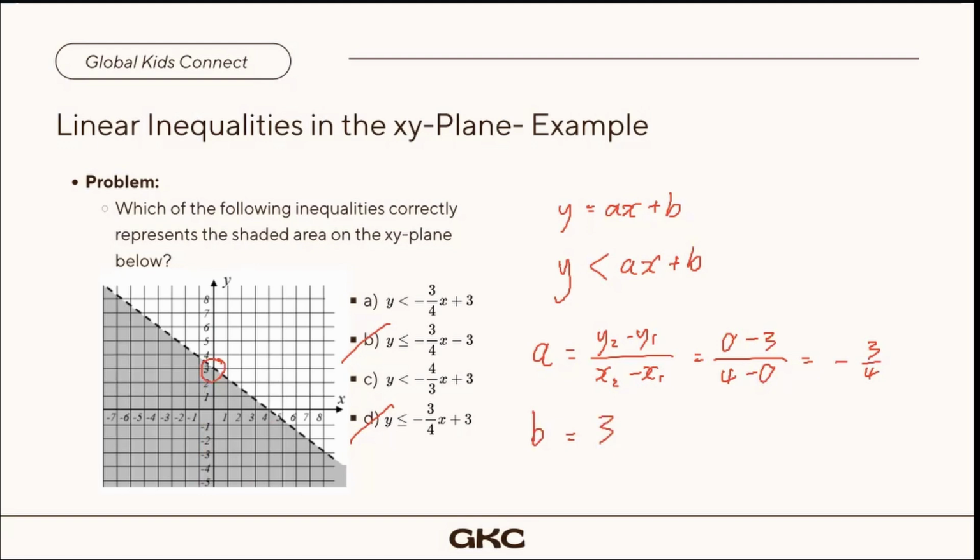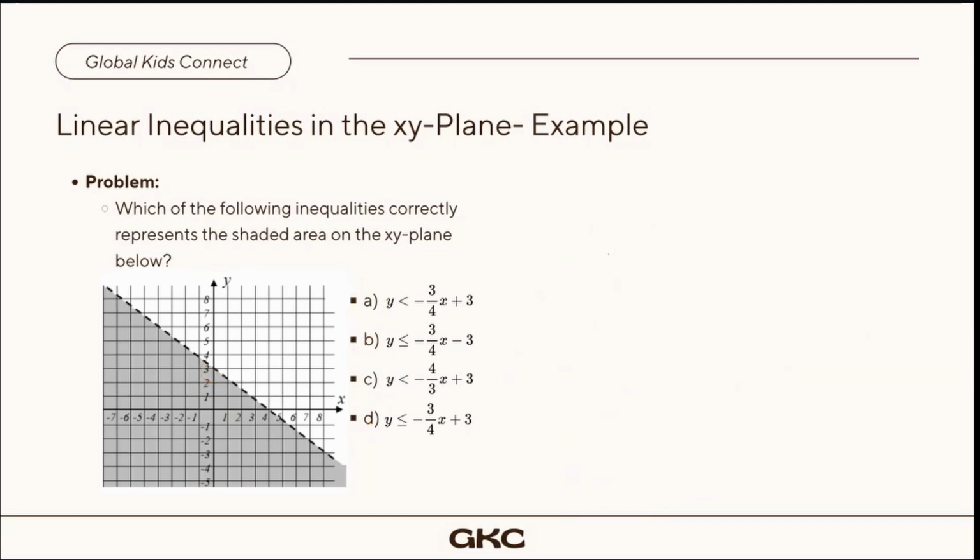So we can rewrite our inequality as y is less than our slope of -3 over 4x plus b, which is the y-intercept of 3. And therefore, we take a look at our answer choices, and we will see that answer choice A is the correct choice. Does anybody have any questions regarding this one? Okay, if not, then we can move on.